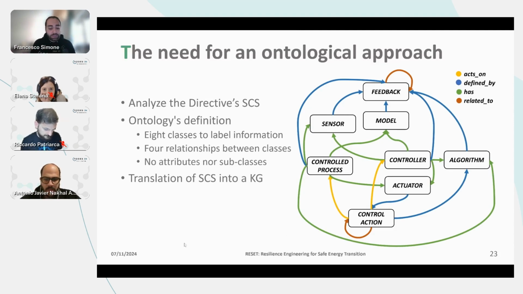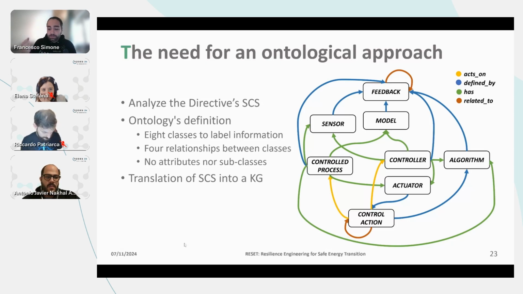Okay, so we started thinking of a way to formalize what we are reading in the safety control structure, to then systematize its analysis by using a knowledge graph. To do so, we start from the very beginning.